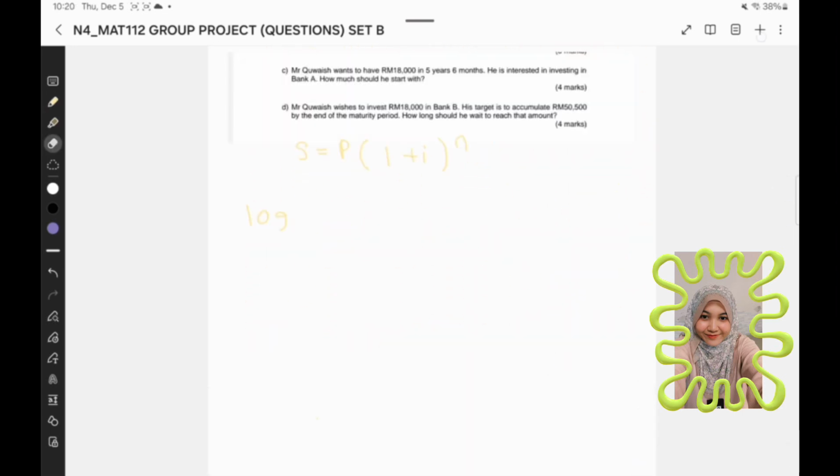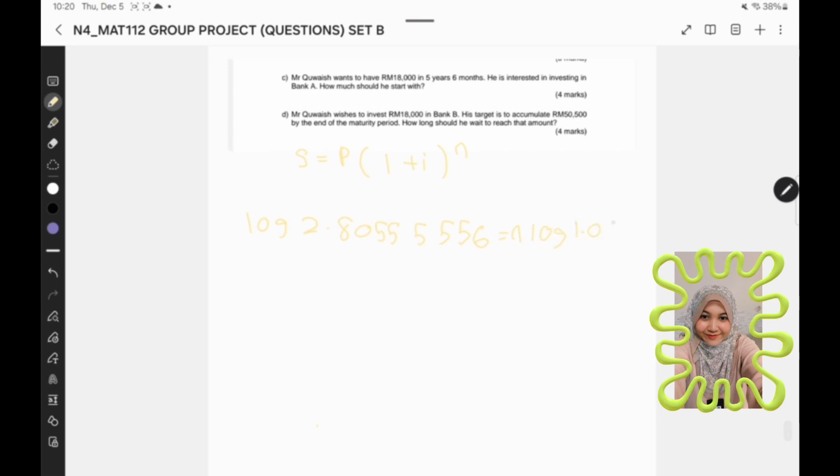So we press in the calculator log 2.80555556 equals n log 1.0156667.